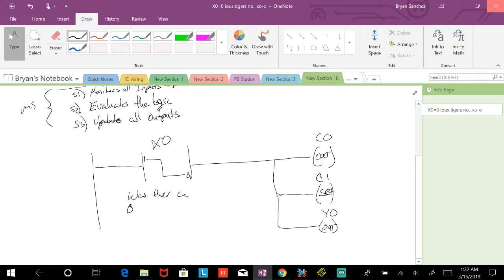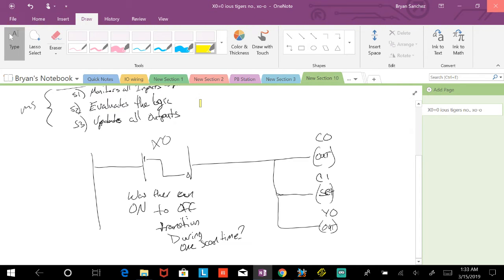Was there an on to off transition during one scan time? That's the question you've got to ask yourself. Basically, did it change state from on to off? That's all you've got to ask yourself. If you want to turn on something when a transition from on to off happens, this is where you use that instruction. Okay?